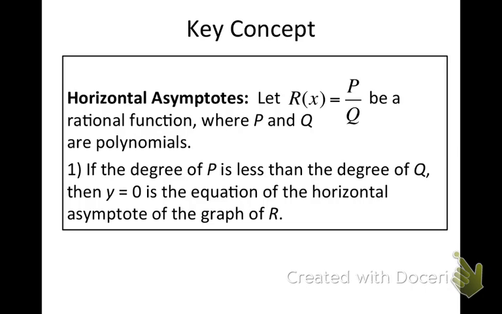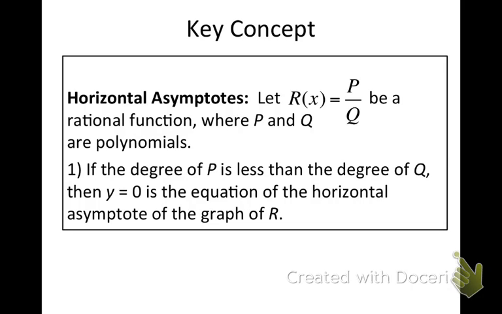Number 1 is telling us if the degree of p, the degree in your numerator, is less than the degree of q, the degree in the denominator. So smaller degree on top, larger degree on the bottom.